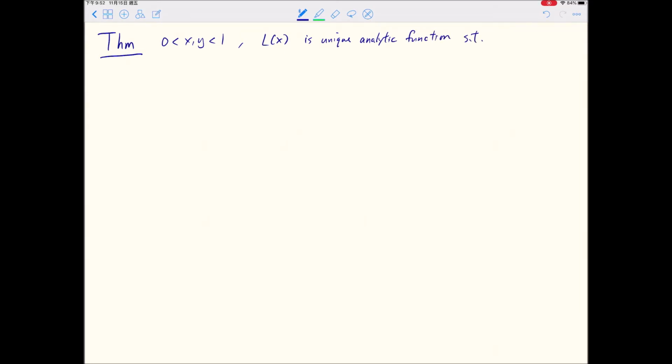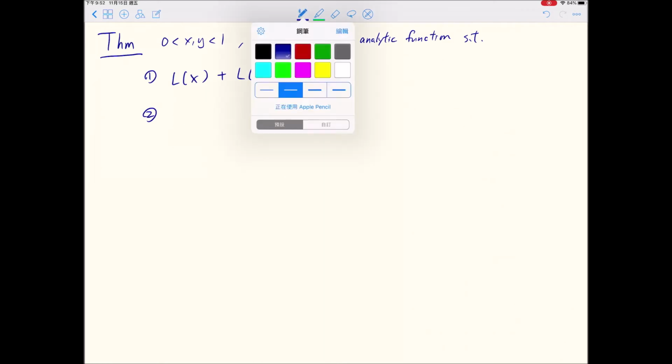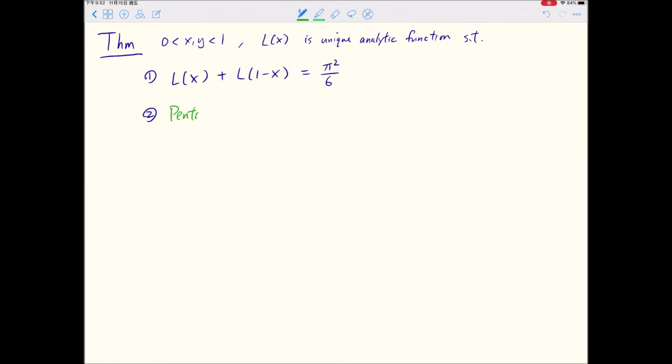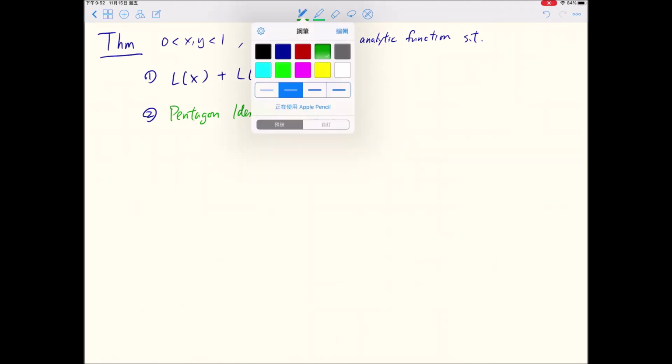The first one is a symmetry between x and 1 minus x, and it says that L(x) plus L(1 minus x) equals L(1). And the second one is known as the pentagon identity, which means that it has a 5-term relation given by the following.